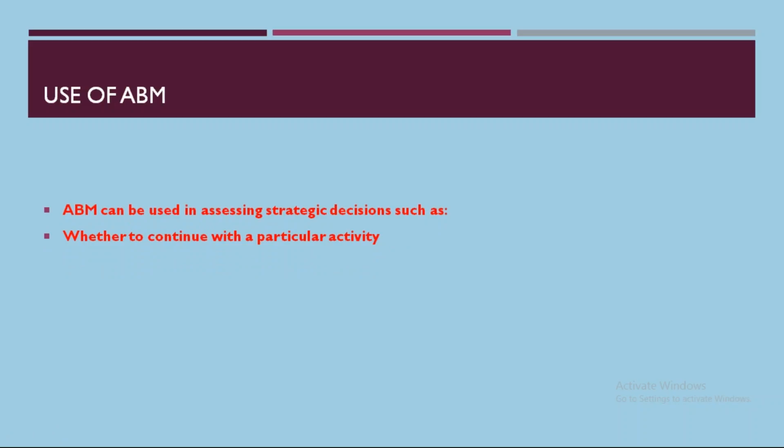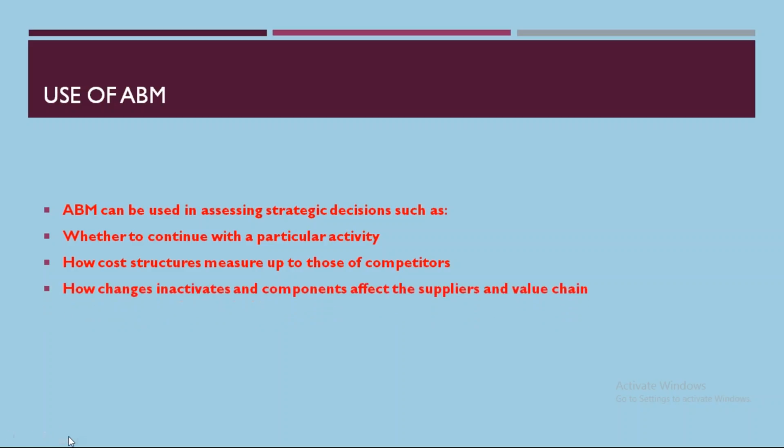It may be a non-value-adding activity or not a profitable activity. It will tell us how the cost structures are made up, whether it is all right, whether it's comparable with our competitors. How changes in activities and components affect the suppliers and the value chain. So if we change the way of doing things, how it will affect our structure.